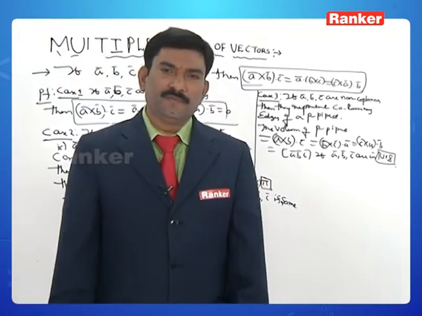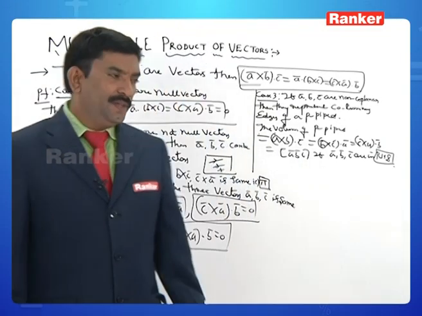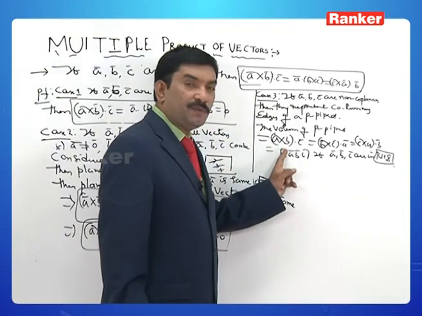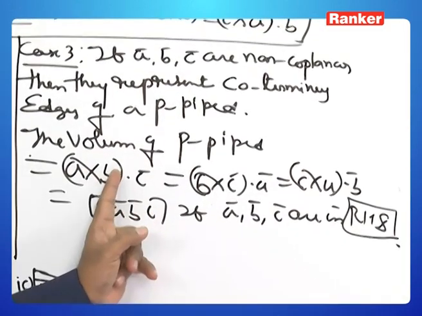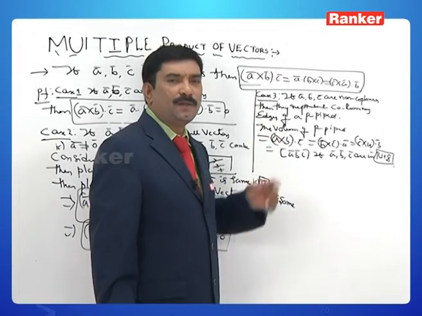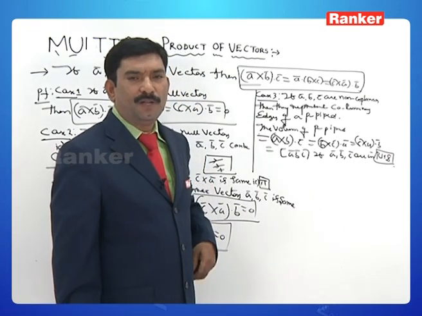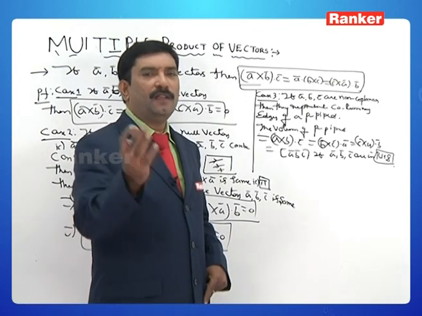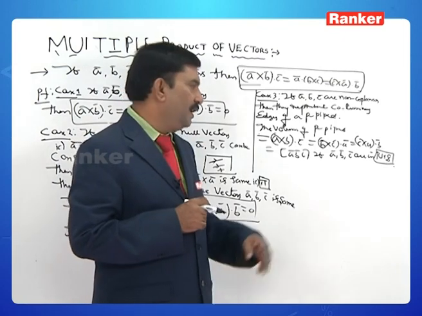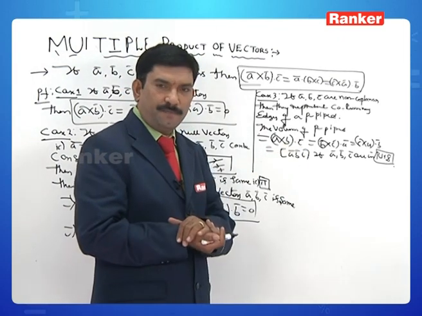Correct? We have proved. So therefore, here also we have shown when they are non-coplanar, with the help of the parallelepiped with coterminous edges A bar, B bar, C bar, we are able to prove the scalar triple products are equal. They are equal to box of ABC.